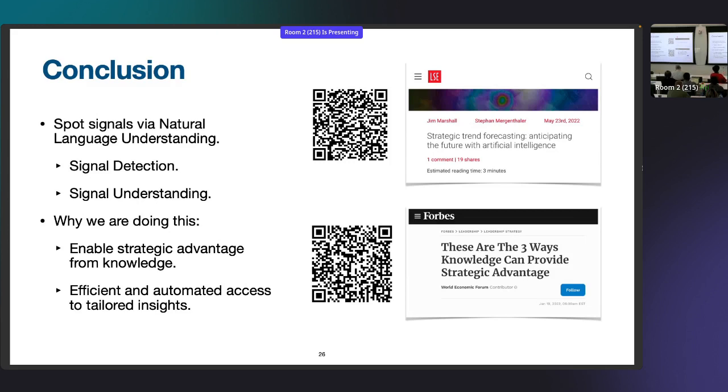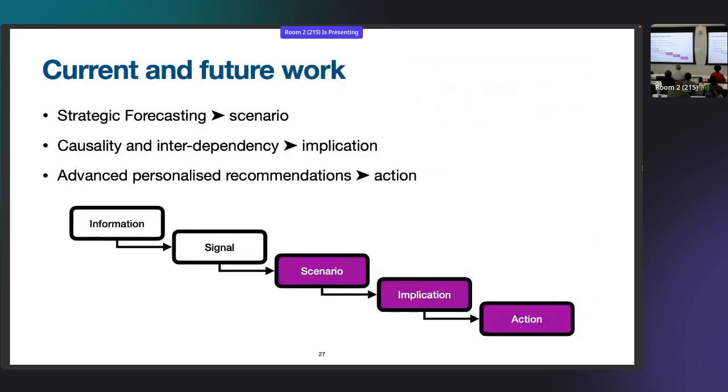Our two publications here, one in LSE, London School of Economics, and one in Forbes, you can access through the link to the Zenodo presentation. The current and future work: we are currently working on scenario and implication.